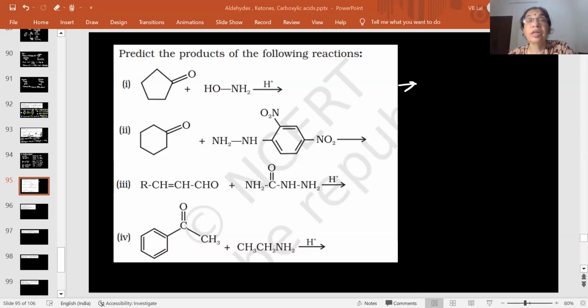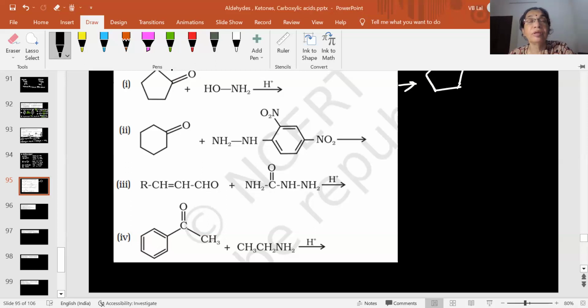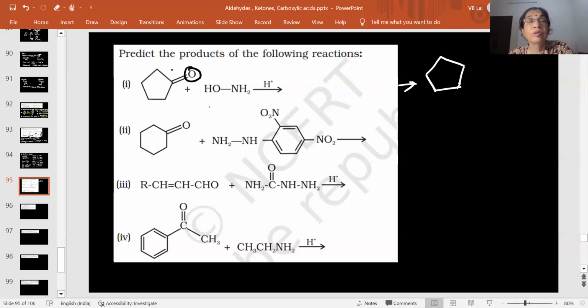So how is water eliminated? You have the same compound that does not change, right? And water is eliminated from where? You can see the water is eliminated from here. O and NH and H2.